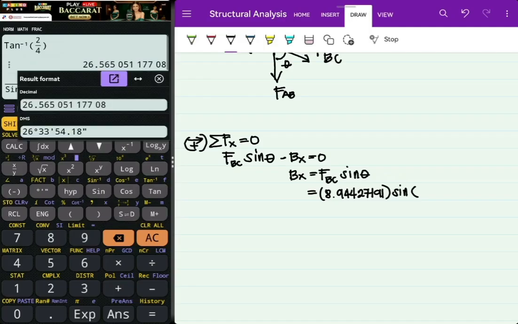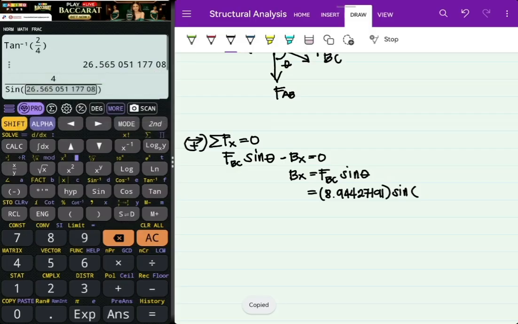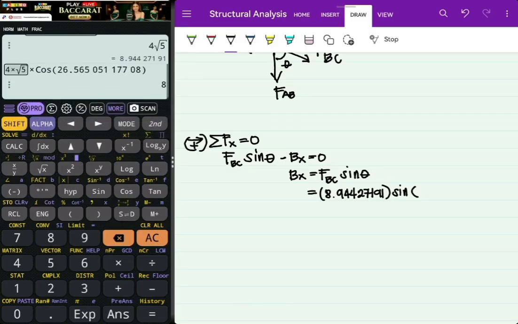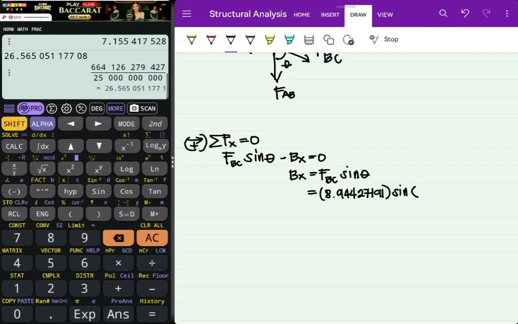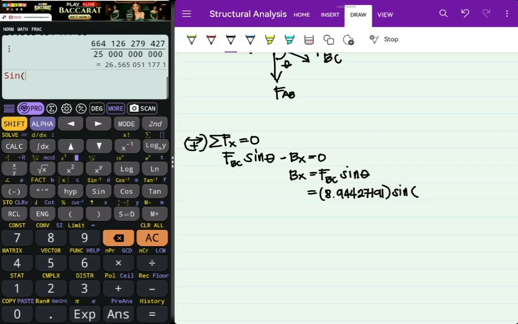Theta is, we just have to copy this one, copy as text, then paste it here, and then sine answer. No. It should be 90 minus answer.